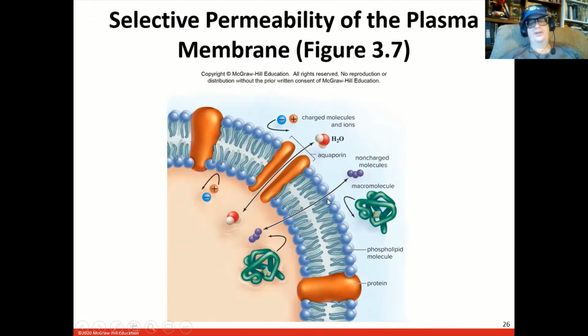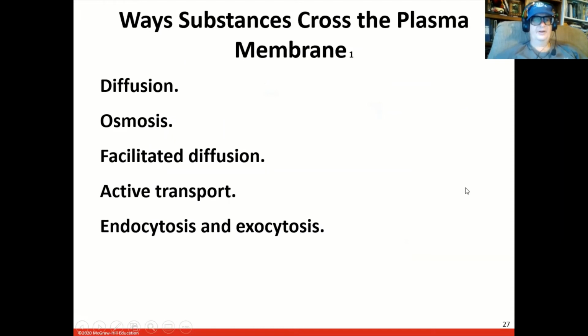So small things, non-polar things, they go through really well. Big macromolecule, it's probably not going to get through without help. All right, so let's talk about movement, about how things cross the membrane.